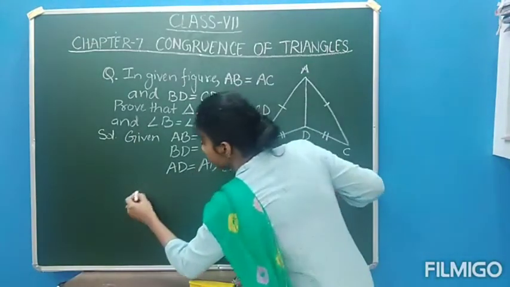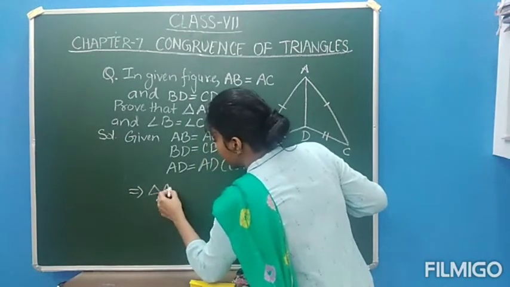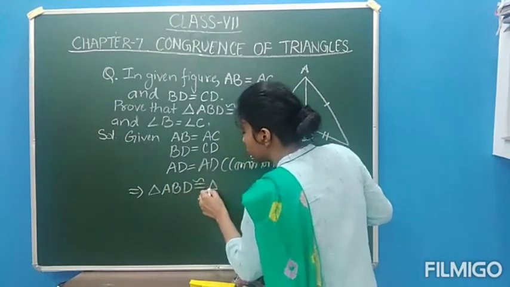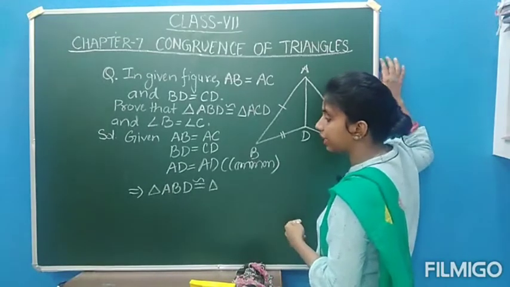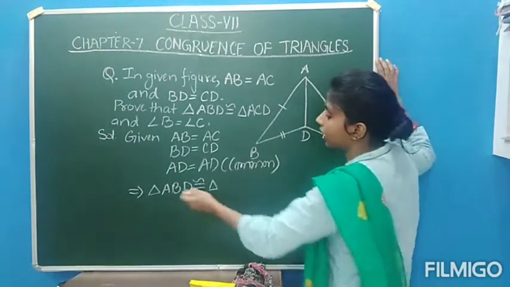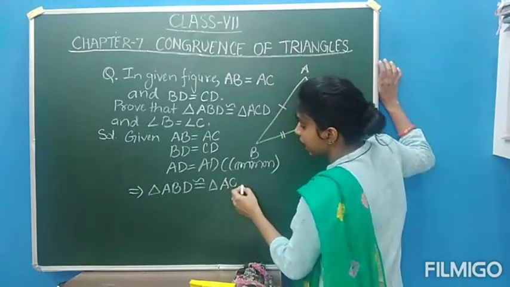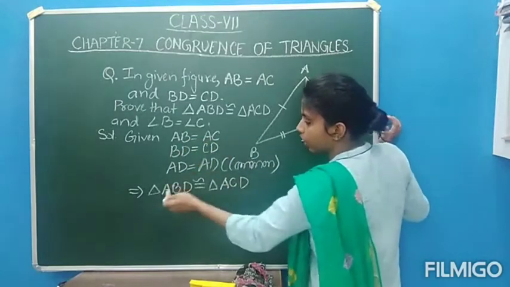So let's write. This implies that triangle ABD is congruent to triangle. How are we going to write it? We write the corresponding sides only. So AB is equal to AC, so A, C, and the third is D. Let's check all the sides.